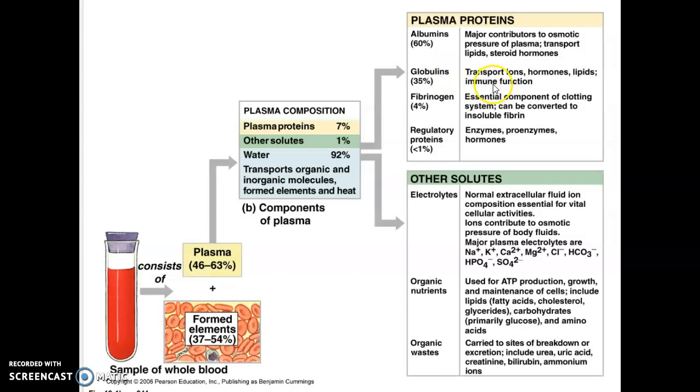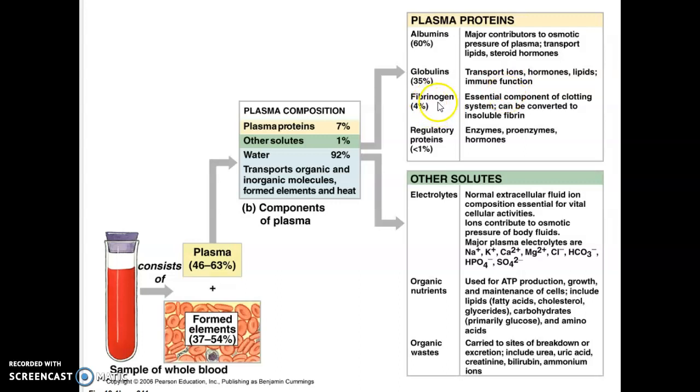Immunoglobulins is another name for antibodies. Antibodies are basically what helps us in immunity. So we have a high percentage of globulins, and a lot of those are going to be our antibodies. So again, that's an immune function. Without antibodies, we would probably not survive too many infections.